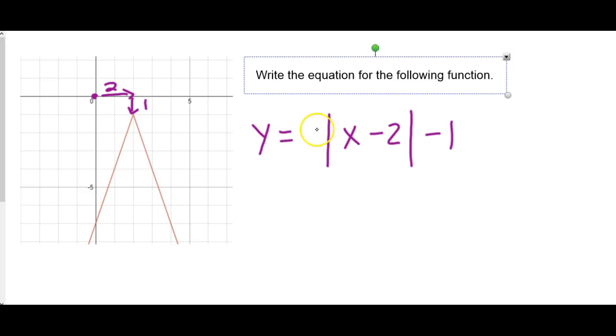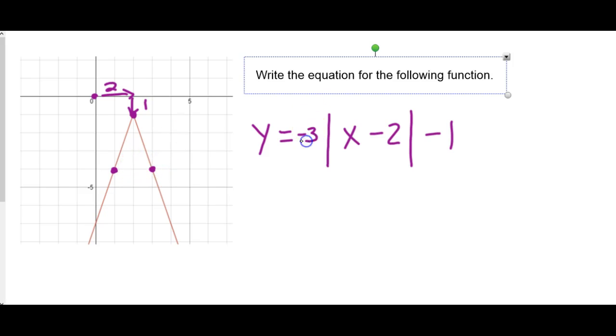Then we have to decide the number in front. We are flipped upside down, so we know it's negative. And then from that starting point, I need another point. So I'm going to look for it to cross exactly, like right here. Crosses exactly at one of these crosshairs that were gray from the graph. And then I can count myself. So following the pattern, I go down 1, 2, 3 over 1.